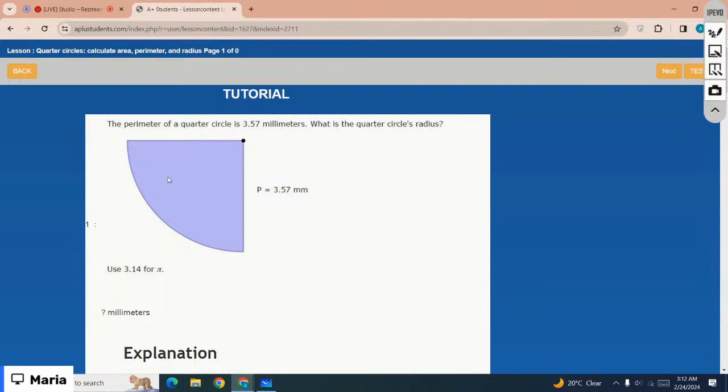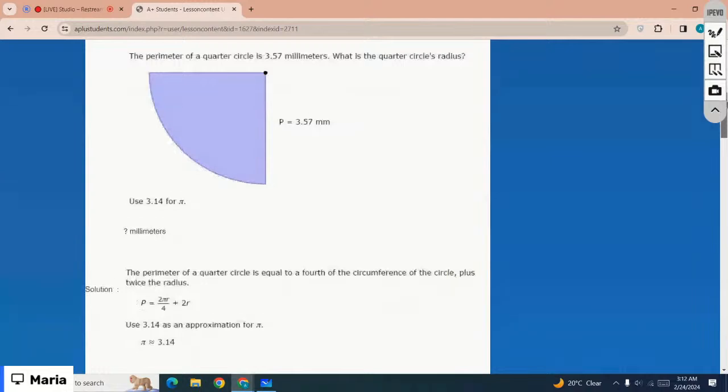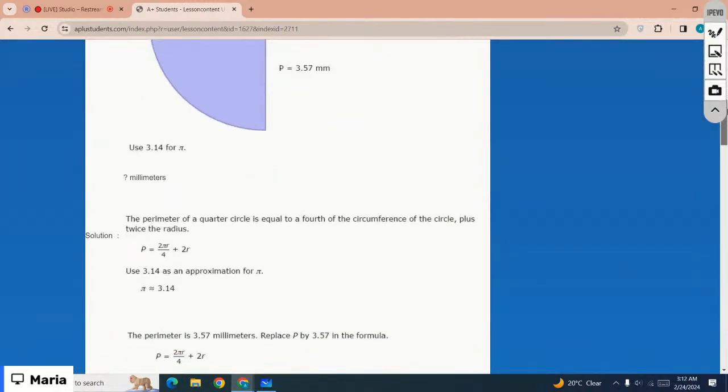So now you have to calculate the parameter of the quarter circle. Quarter circle is 1/4 of the circle. So how do you calculate the parameter? The parameter of a quarter circle is equal to a fourth of the circumference plus twice the radius, right?